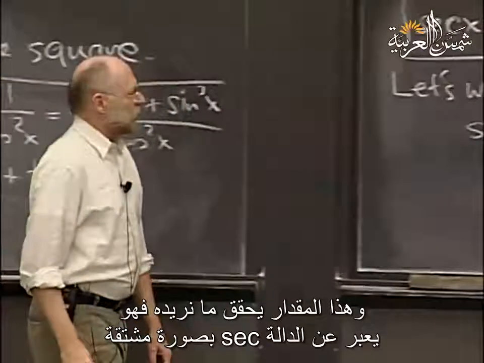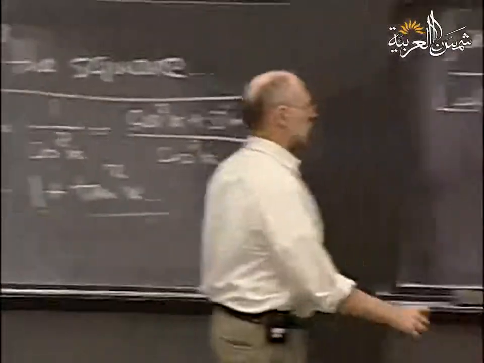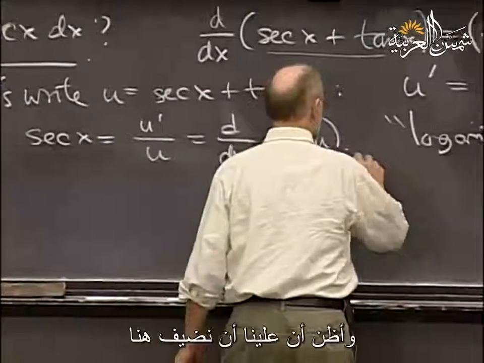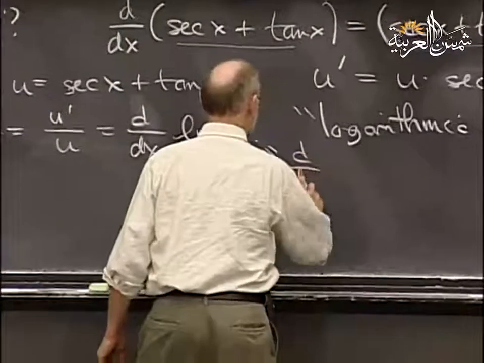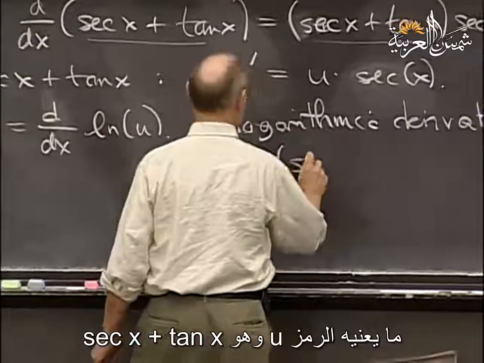But it's done what I wanted because it's expressed the secant as a derivative. And I guess I should put in what u is. It's the secant plus the tangent.